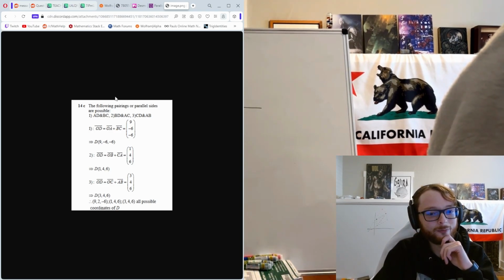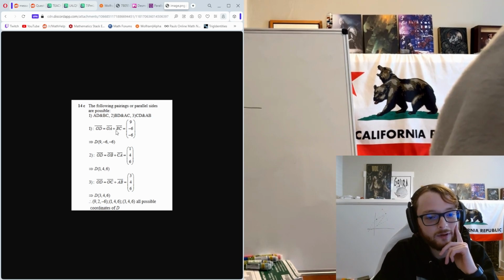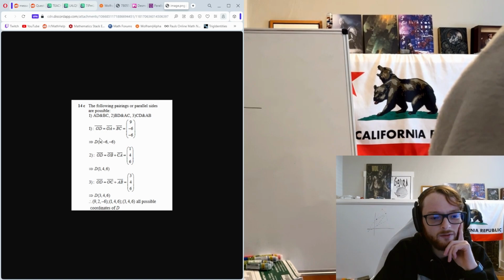So I guess this says explicitly that you start with these pairings and you work out the rest from there. OD is equal to OA plus BC. Really? I wonder where you get this from. So O in this case means the origin. And they do things like vector from the origin to A plus, well, I guess they're talking about, no, it feels very weird to mix points and vectors like this.